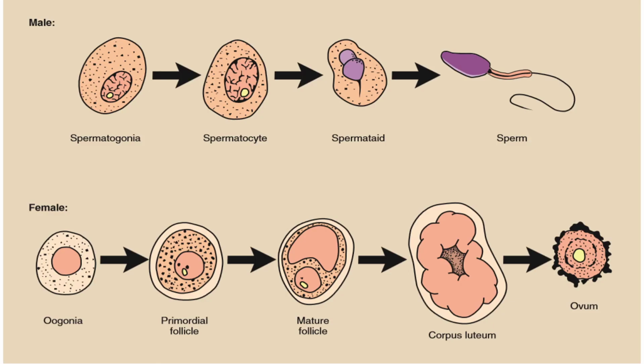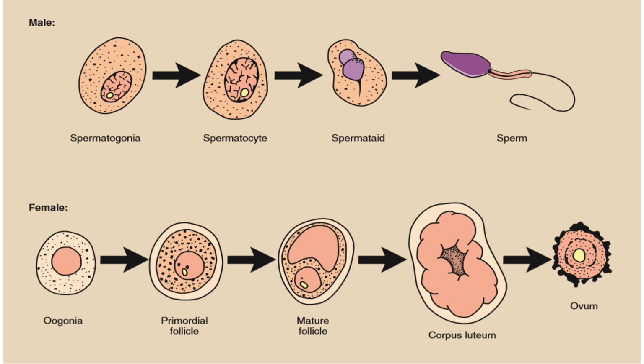So from oogonia, which is the germ cell, then primordial follicle, mature follicle, corpus luteum, and then magiging siyang ovum. Sa male: spermatogonia, spermatocyte, spermatid, and sperm.